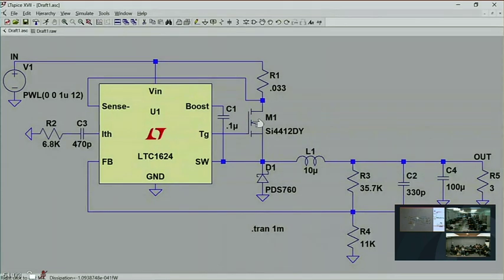When this switch is turned off, the source is just below ground. It's held there by the Schottky diode. That means that for C1, this end of C1 is held just below ground, and this end is connected to boost. That diode is conducting, and the boost pin is connected to the LDO output of VN, so it's at VN.